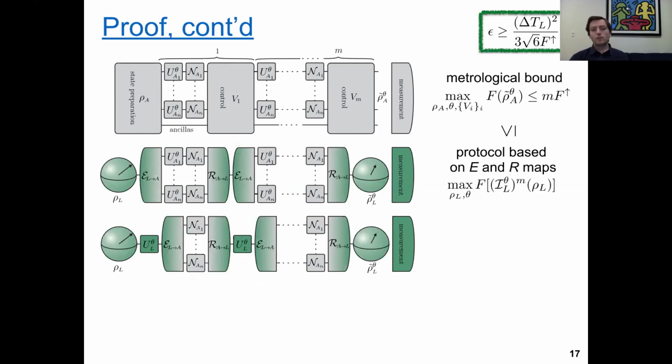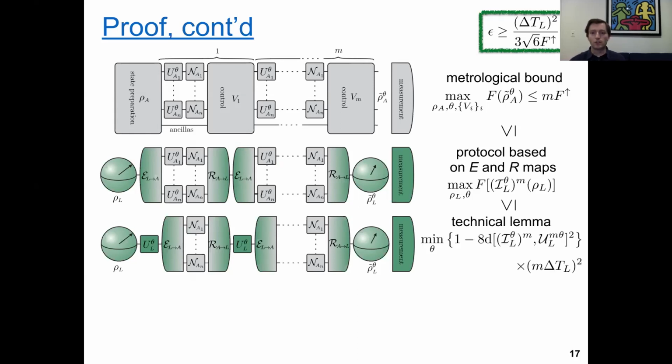Now we can analyze the logical channel and apply the technical lemma to it. Remember, the technical lemma relates the Fisher information to the Bures distance of a certain parameter encoding channel. In our case, this parameter encoding channel is the unitary rotation followed by encoding, noise, and recovery. It should be close to the identity channel on the logical level.